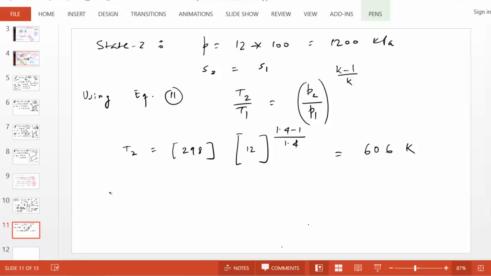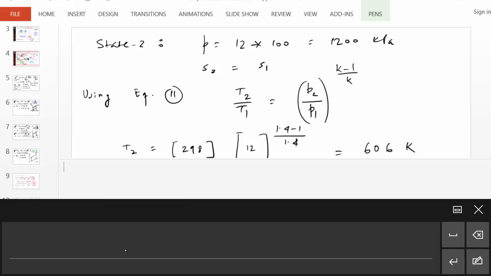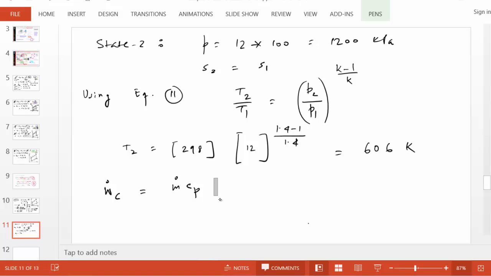So what will be the compressor work? Compressor work will be, if you recall, m dot Cp (T2 minus T1), and we have found m dot. Cp is known. m dot is 9.35.